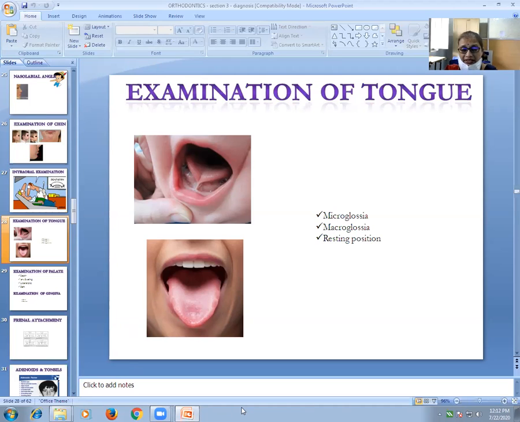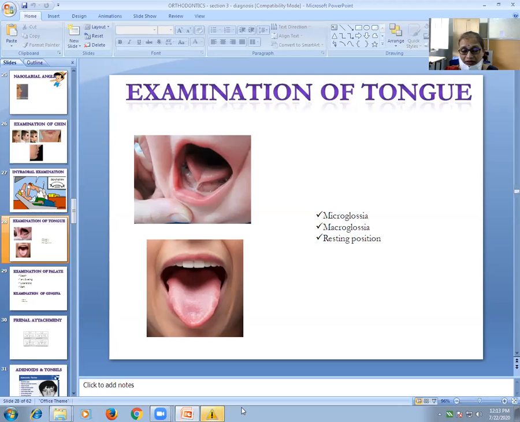In microglossia, there is no pressure of the tongue from the inside, so there will be a collapsed or narrow arch. Note this down: microglossia, a narrower arch, and macroglossia, a wider arch.